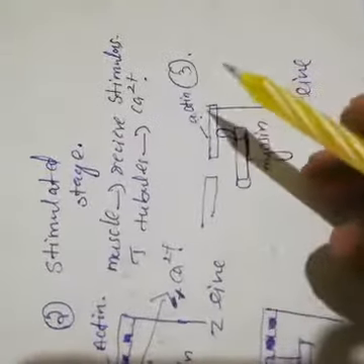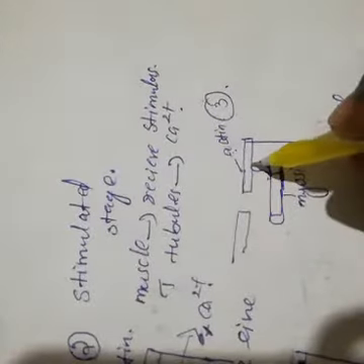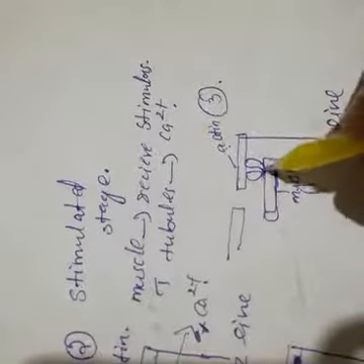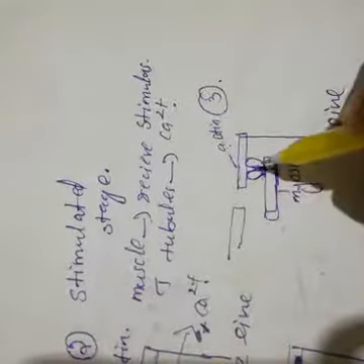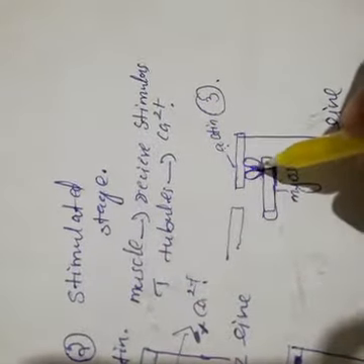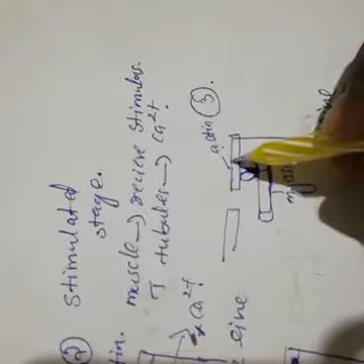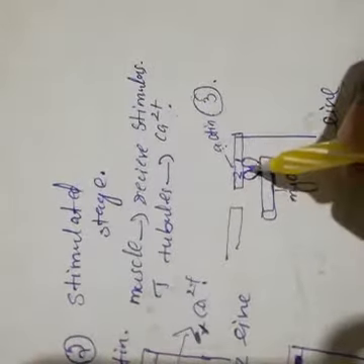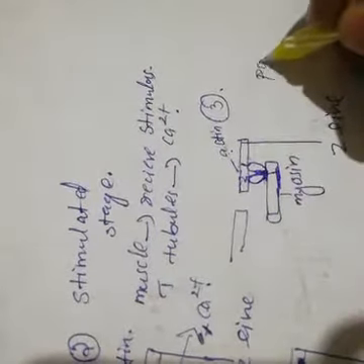This remaining energy is used for the rotation of the myosin head from one position to another. By using this energy produced by ATP hydrolysis, the myosin head moves from the first position to the second position, and this rotation is called the power stroke.